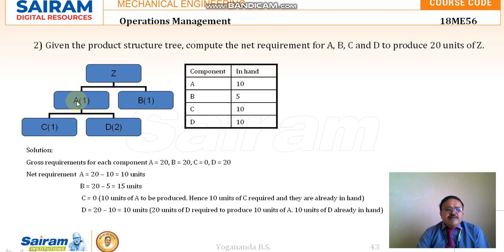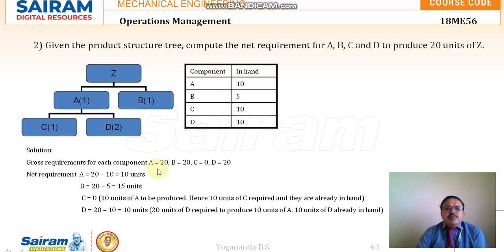For 10 units of A, that is the net requirement, 10 into 2, so 20 units are required of D. But already in hand, D is 10 units. So gross requirement of D is now 20 units. Out of that 20 units, the 10 units in hand will be subtracted, that is 20 minus 10. So that is 10 units of D is the net requirement.